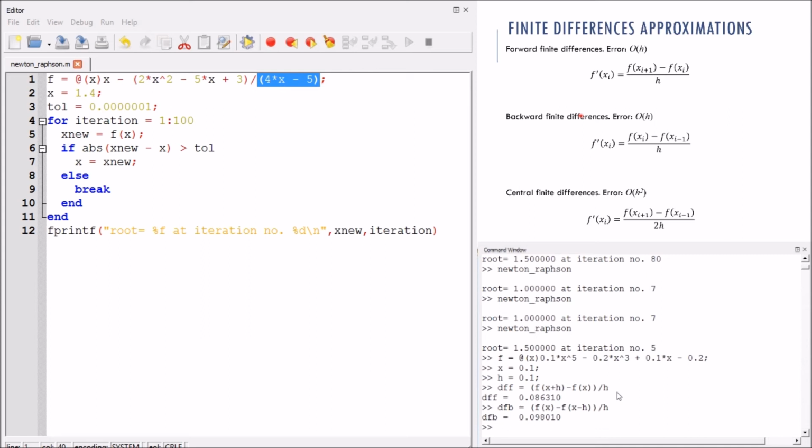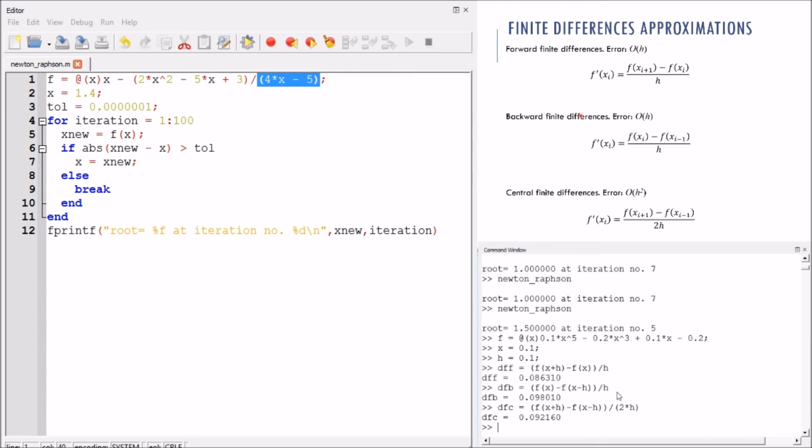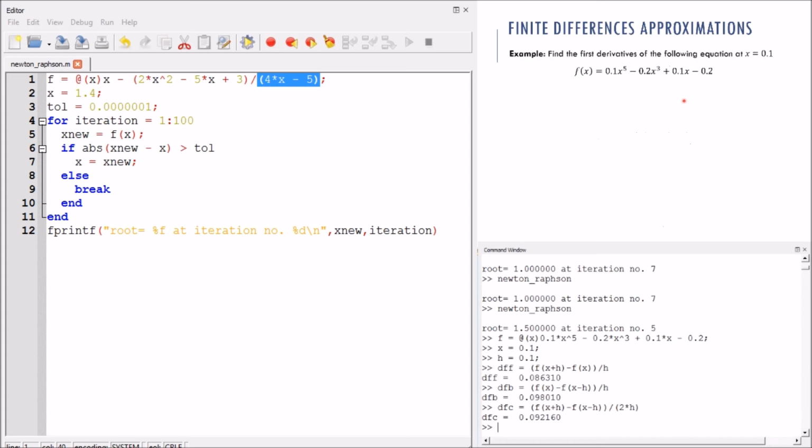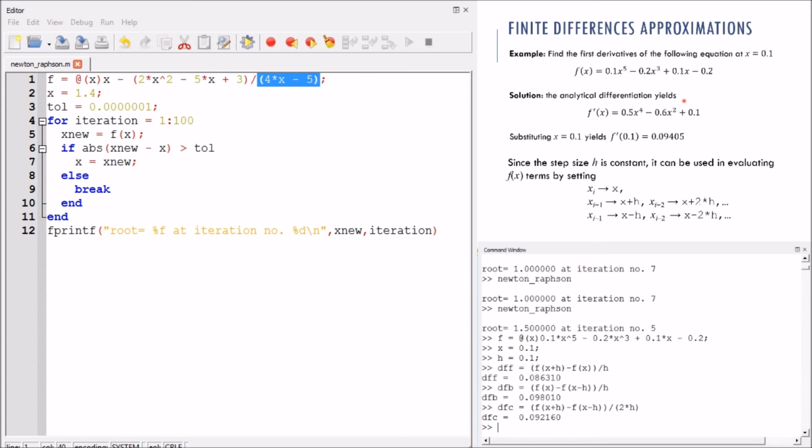Now let's try the dfc equals to f of x plus h minus f of x minus h, all divided by 2 multiplied by h. Now let's go to the analytical solution and see which value is closer.